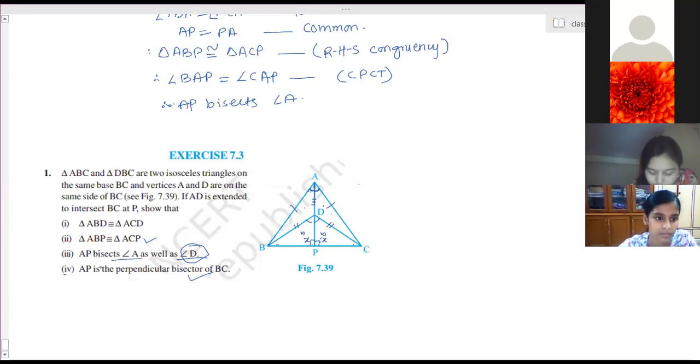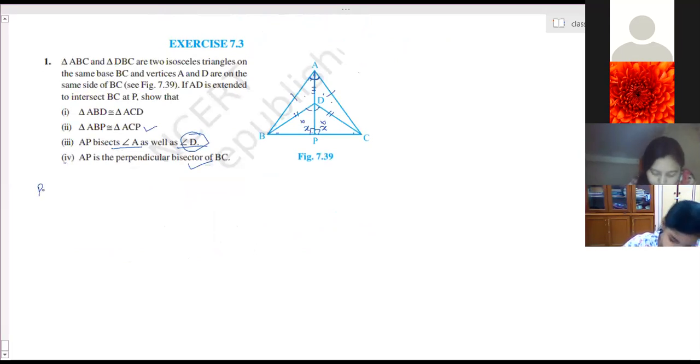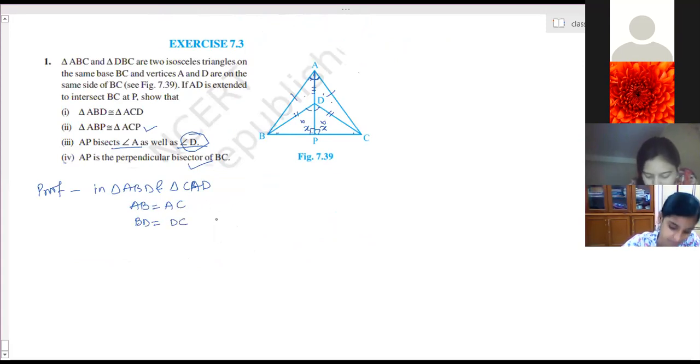So that means AP bisects angle A. Ma'am, AB is equal to AC and BD is equal to CD is given, no? Yeah.